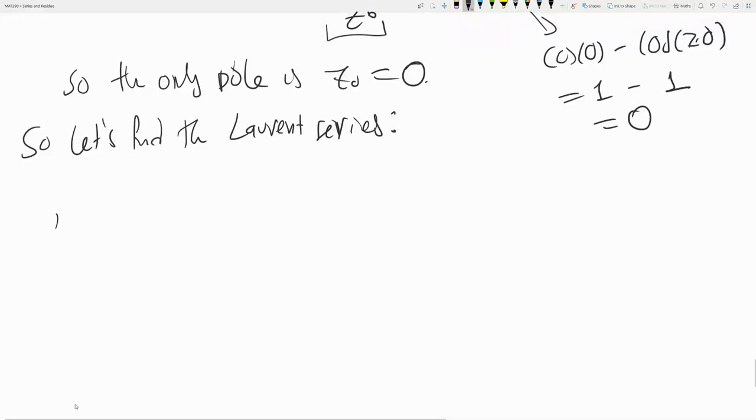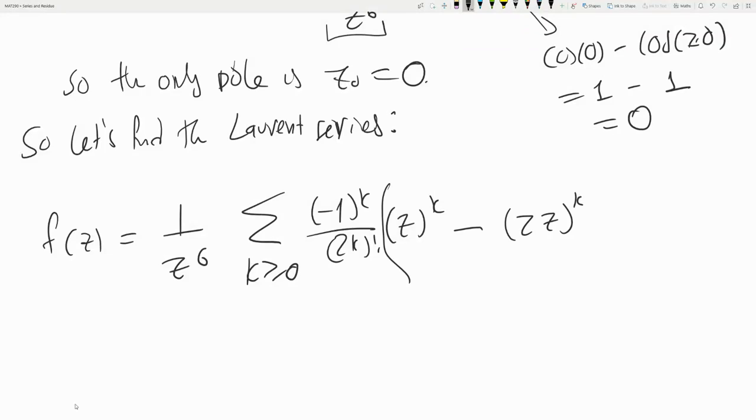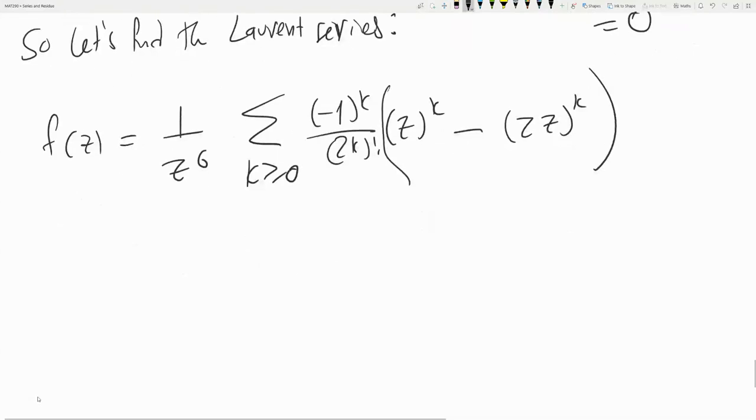All right. So f of z is equal to 1 over z to the 6, and then we have minus 1 to the k over 2k factorial, z to the 2k, and minus, it's the same coefficient, but it's 2 times z to the 2k. So I subtracted the two Taylor series.